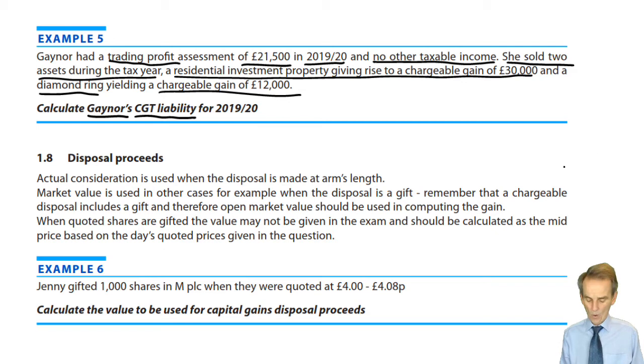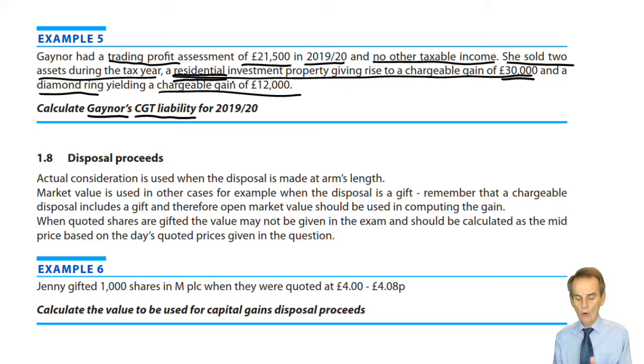Now then, I've not emphasised an important word there, but given the introduction to this, I hope you have picked up on the fact that that first gain of £30,000 was on a residential investment property. Residential. Up until now, it's been commercial. It's been business property rather than a residential property. As soon as you see residential property, we are talking in terms of the higher rates.